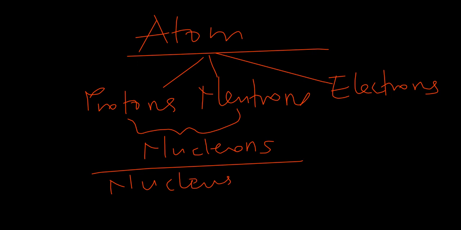Electrons, on the other hand, are found on orbits or on shells. Some people refer to orbits or shells as energy levels.